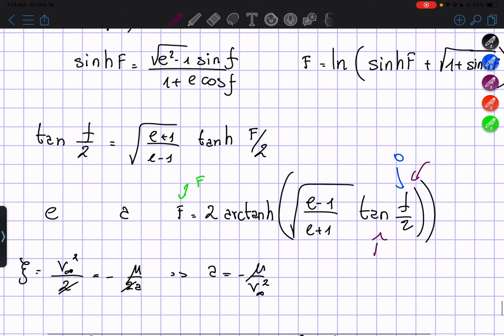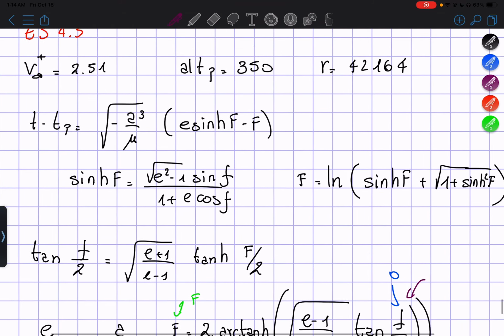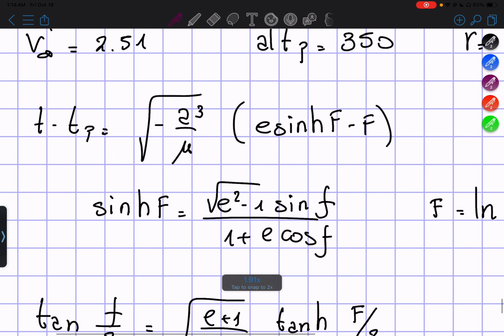And now we find the T minus this. So my TOF will be equal to the square root of negative A cubed, did we find A earlier? Yes, divided by mu, times E times sinh of F minus F.